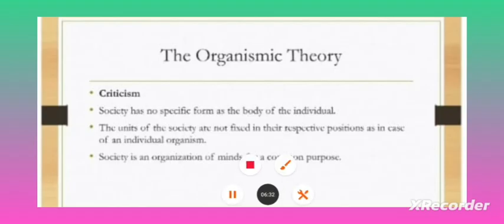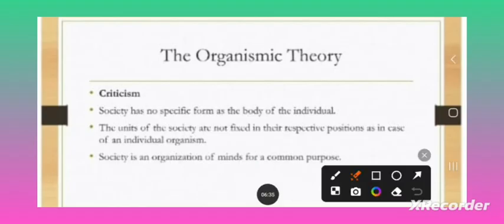Criticism: lack of specific form. Critics argue that society has no specific physical form like the body of an individual organism. For example, a society doesn't have a definite head or limbs.